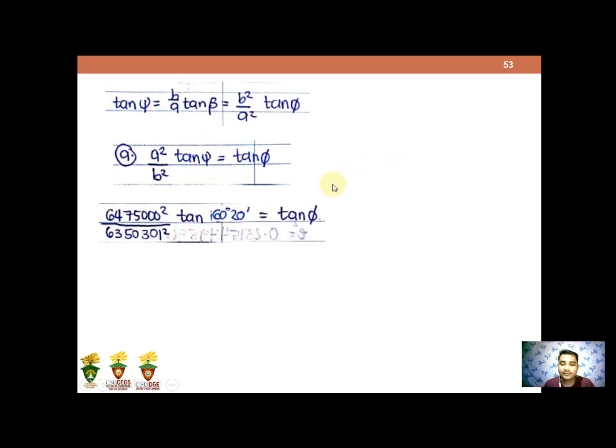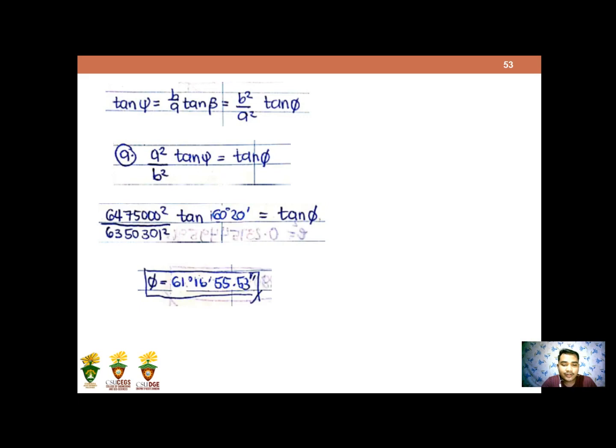Substitute the values of a and b: 6475000 squared over 6350301 squared, times tangent of the given geocentric latitude of 60 degrees and 20 minutes, equals tangent geodetic latitude.